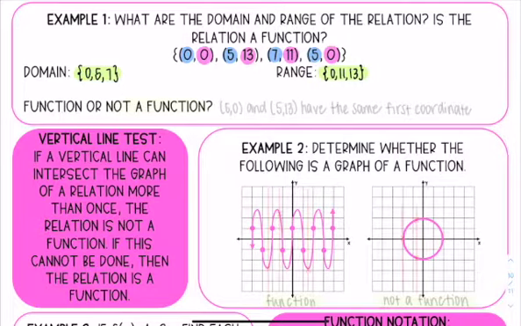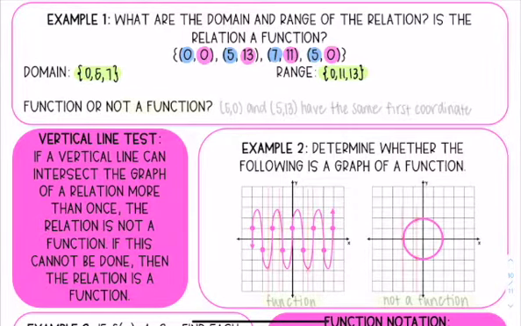Now, is this a function? And so a function says that no two x values can be the same. So looking at this, we've got (0, 0), (5, 13), (7, 11), and (5, 0). So the (5, 13) and the (5, 0) is going to cause a problem because it has the same first coordinate or the same x value.